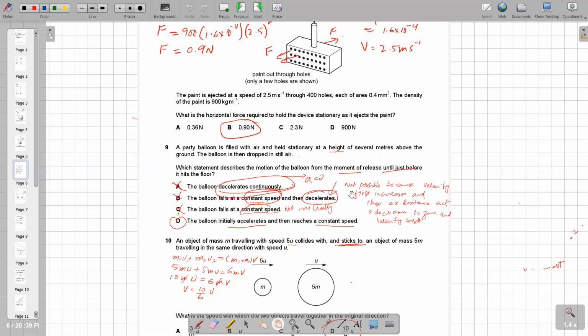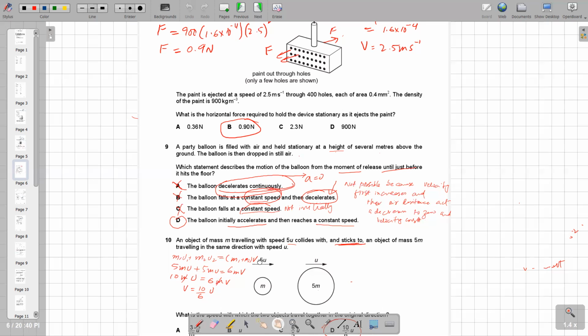No, because the velocity first increases and then air resistance acts to decrease the acceleration to zero, and the velocity becomes constant. So option B is also incorrect. Option C, at a constant speed, is not possible because initially it was accelerating. So the balloon initially accelerates, with acceleration due to gravity, and then reaches a constant speed. So option D is the right answer.